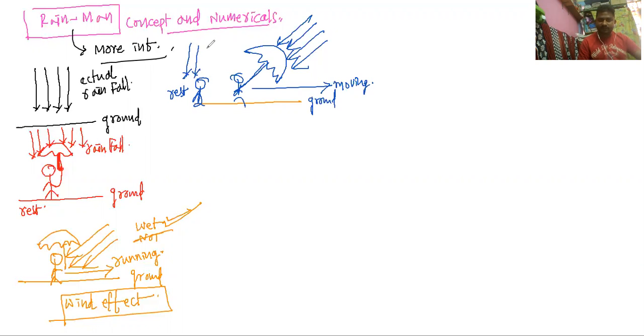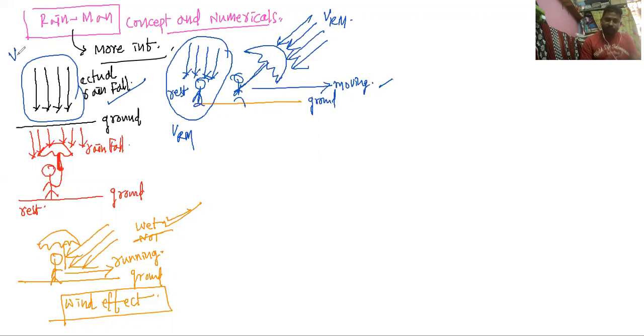See the difference. If a person is at rest, the rainfall is the actual rainfall. If a person is moving, the rainfall is like this. That means with respect to the man, the rainfall condition varies according to his velocity. This is the velocity of the rain with respect to the man, but the actual velocity of the rain is in this way. Clear?